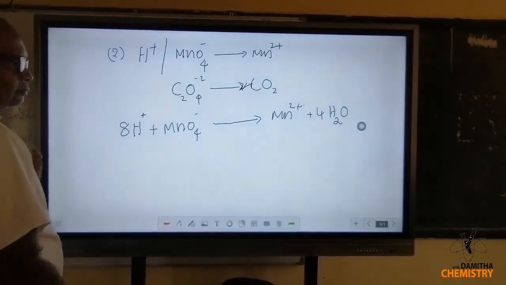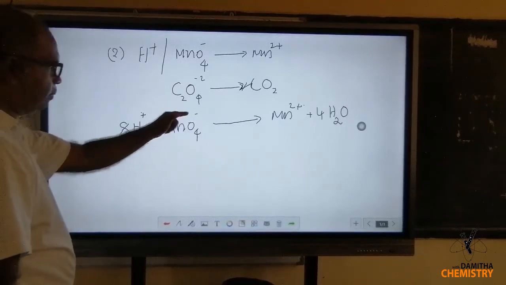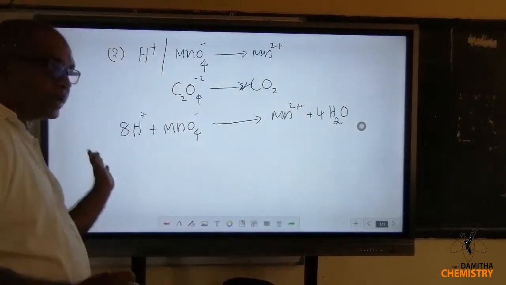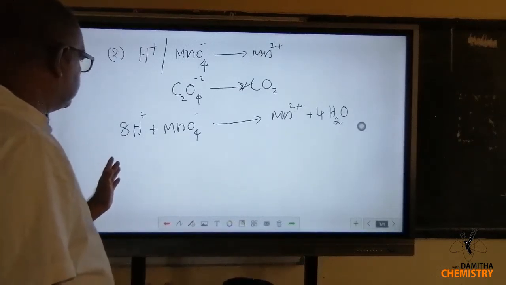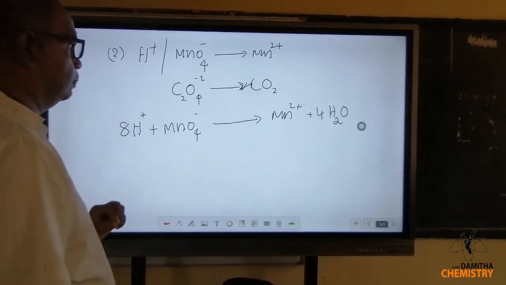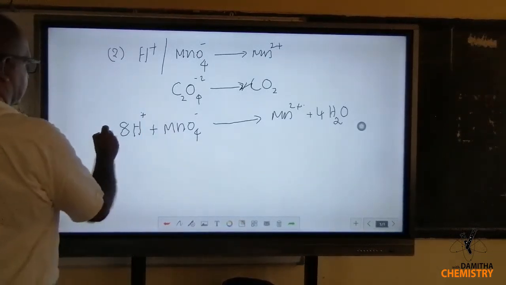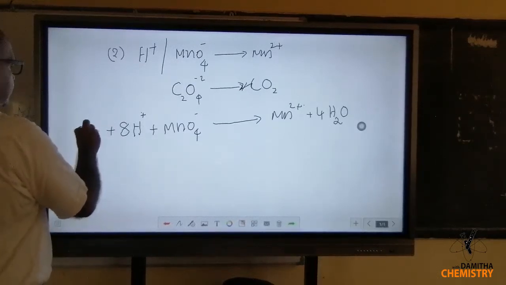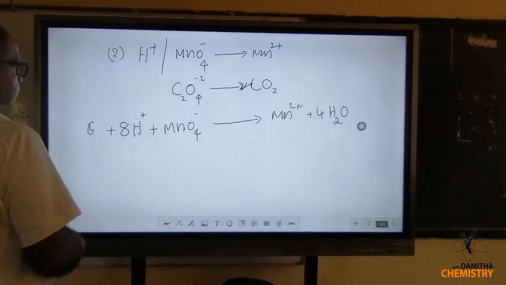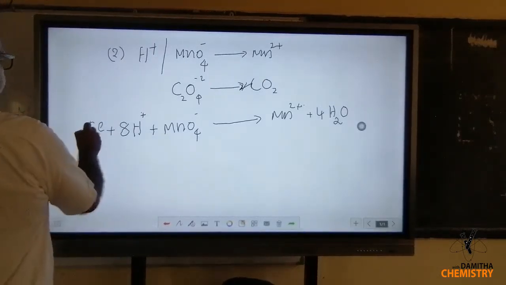On the left hand side, 8 H+ and MnO4- simplify to plus 7. Therefore, add 5 electrons on the left hand side.